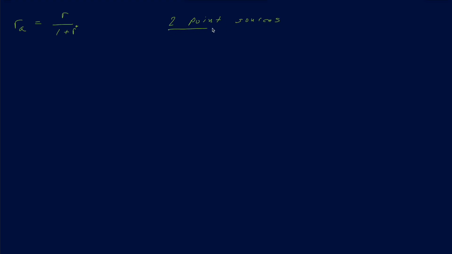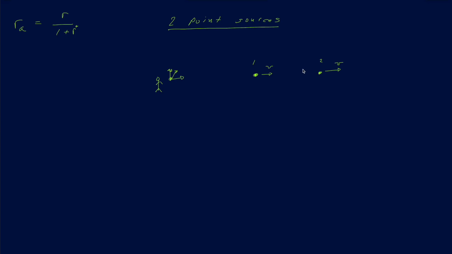And the idea of 2-point sources is this. You have an origin of coordinates here. So this is our little XYZ coordinate frame here. And there's an observer here. Okay? And over here is a point source 1, moving with velocity v away. And there's also another point source, 2, also moving with the same velocity v.